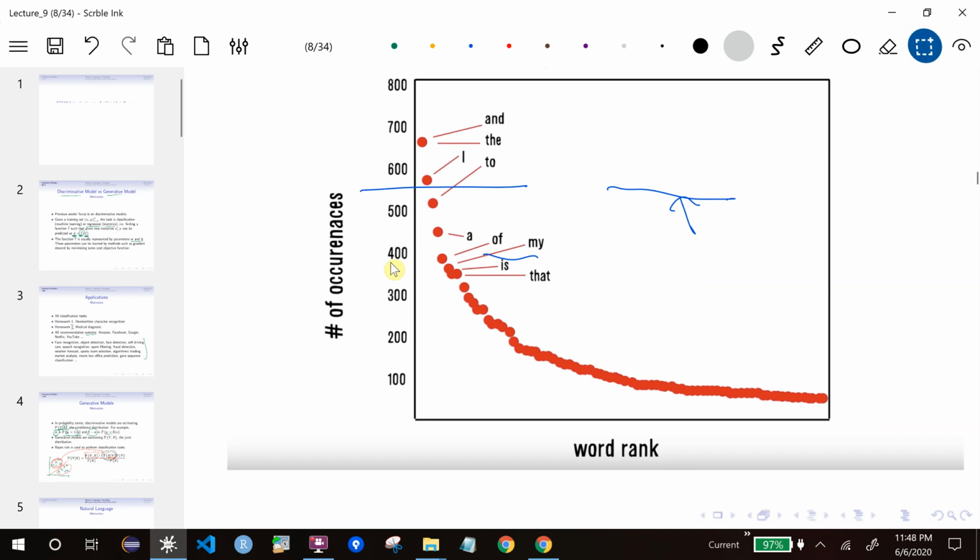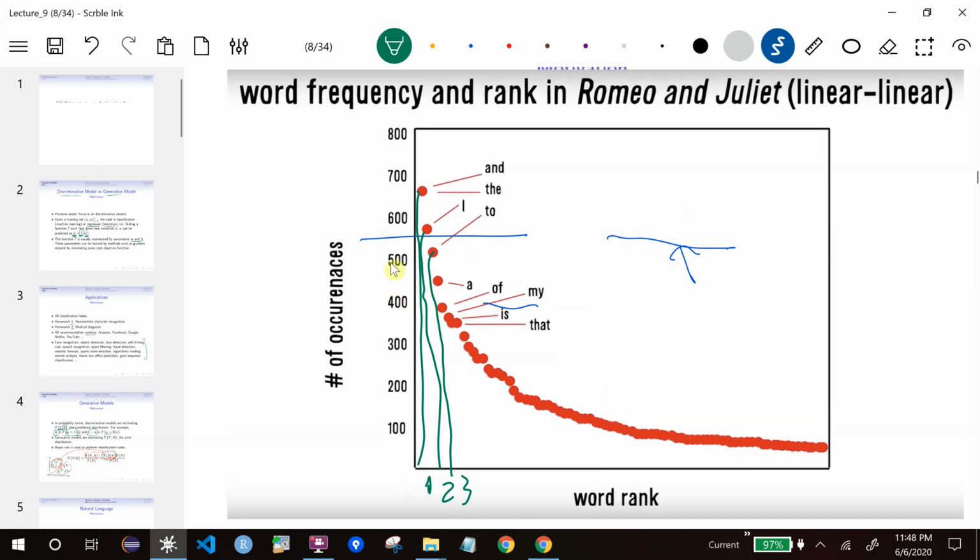Here, the first one, the word rank number 1, is "and", the next one is "I", which is number 2, and so on. If you actually count in some documents, here is Romeo and Juliet, it shows this shape.